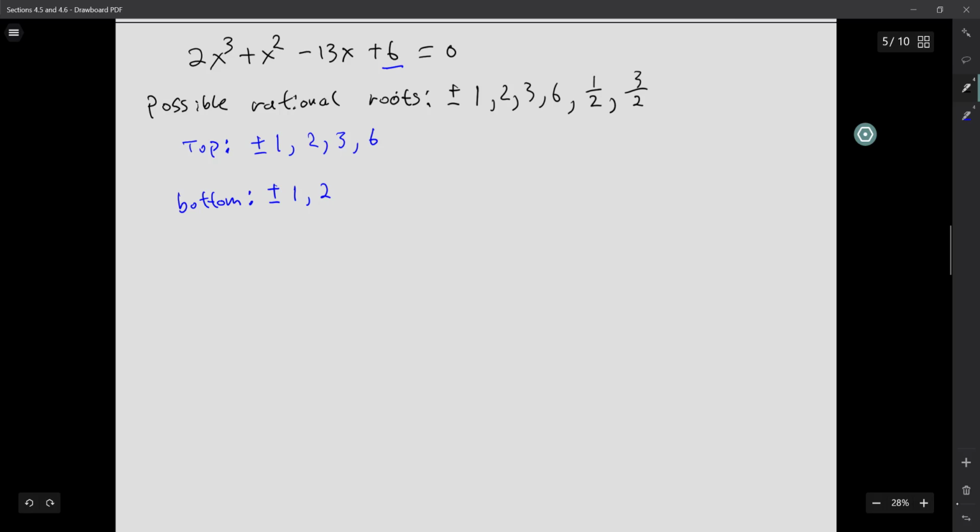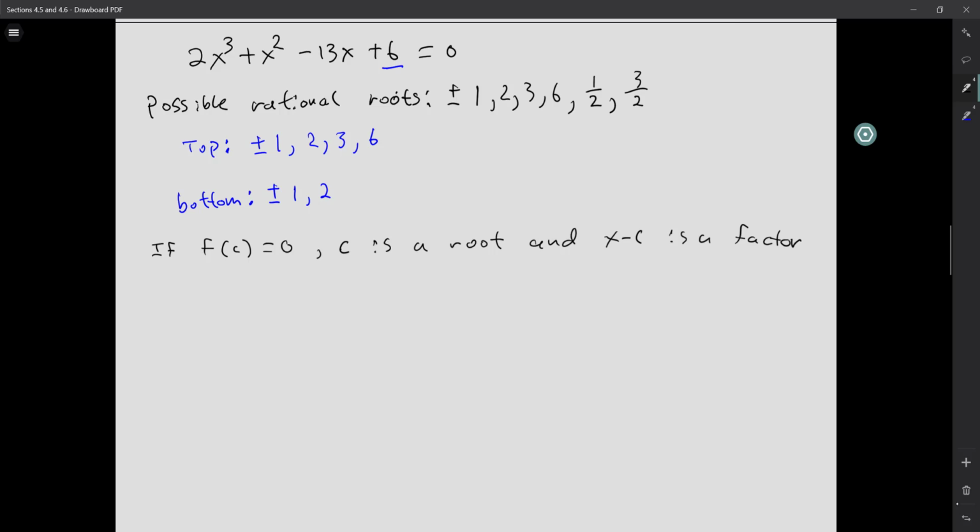So what we have to do now is we have to test them. If f of c equals 0, c is a root, and x minus c is a factor. Now what I would normally have to do is go through all of my numbers, positive version and negative version, and I plug them into my function.